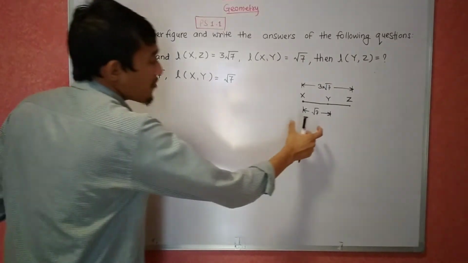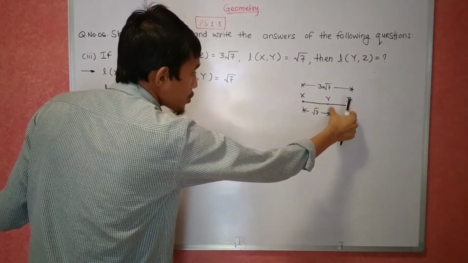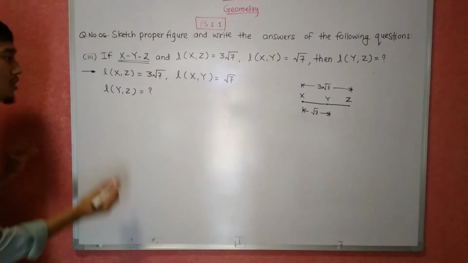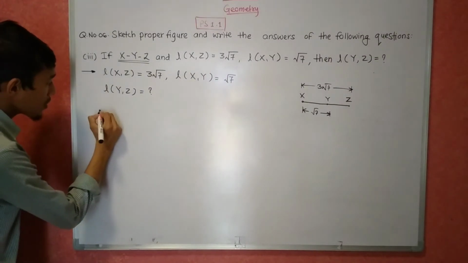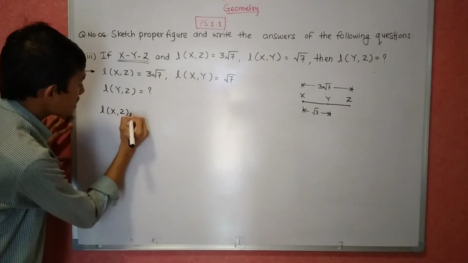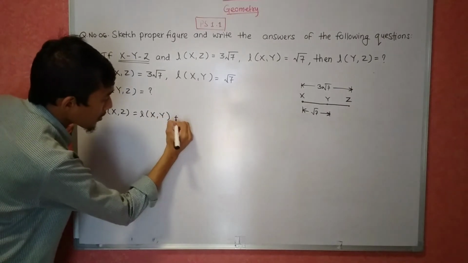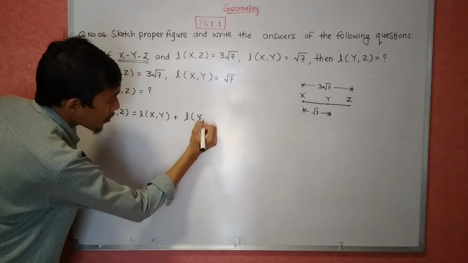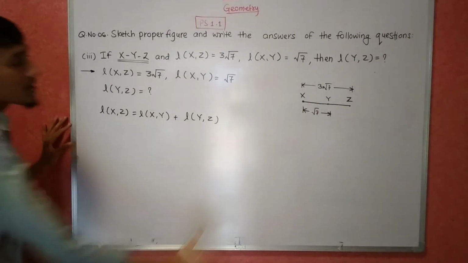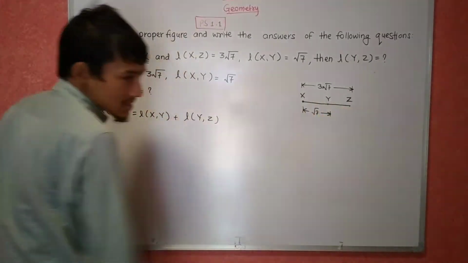So when we will subtract xy from xz, we are going to get the value of yz. So we know L of xz is equal to L of xy plus L of yz. What is xz? It is the addition of xy and yz.